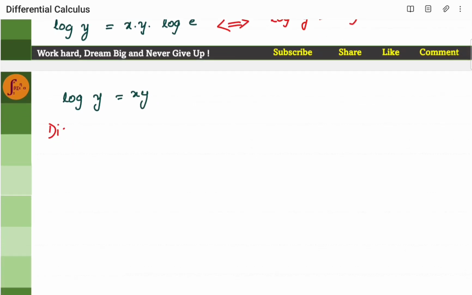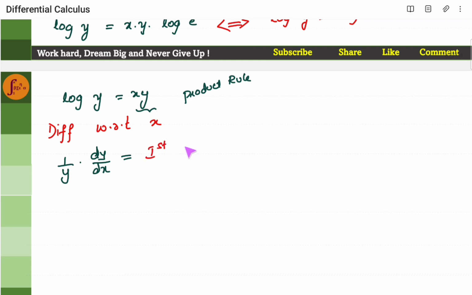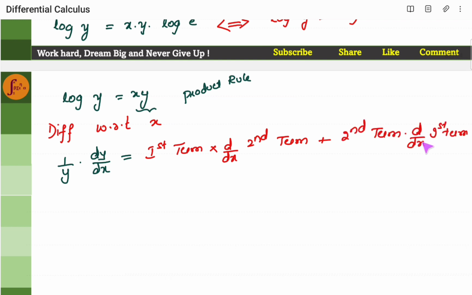Now I have to differentiate with respect to x. What is derivative of log y? It's 1 by y into dy by dx, because we have y, we'll have to put dy by dx. Now here we'll have to use the product rule. What does the product rule say? First term into derivative of second term plus second term into derivative of first term.